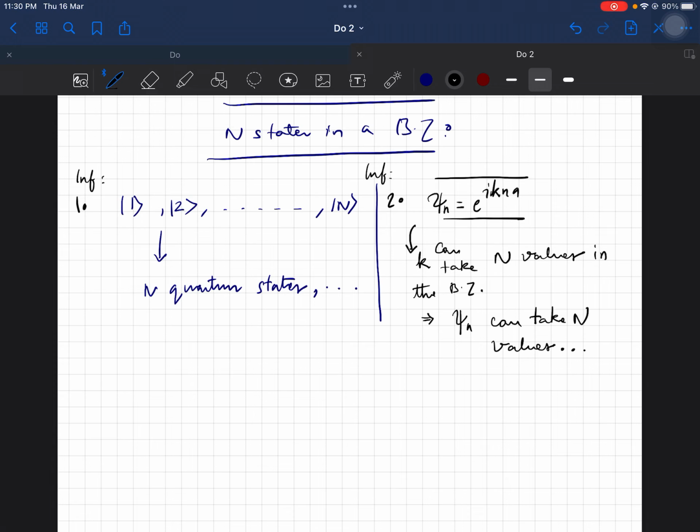Wait, how do we know that this exactly implies psi has n values?